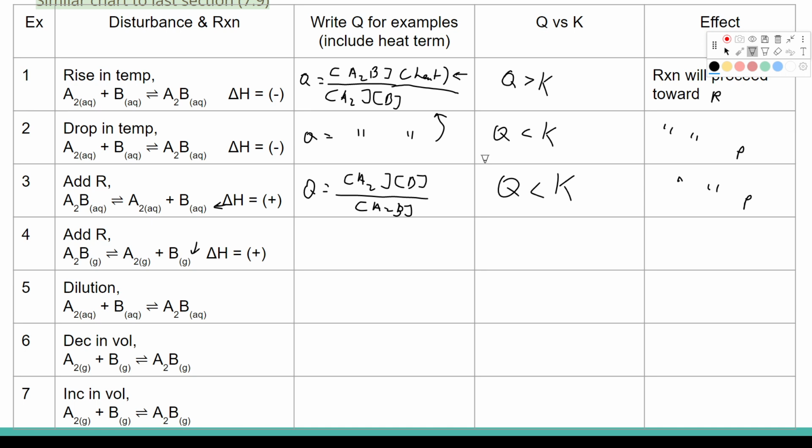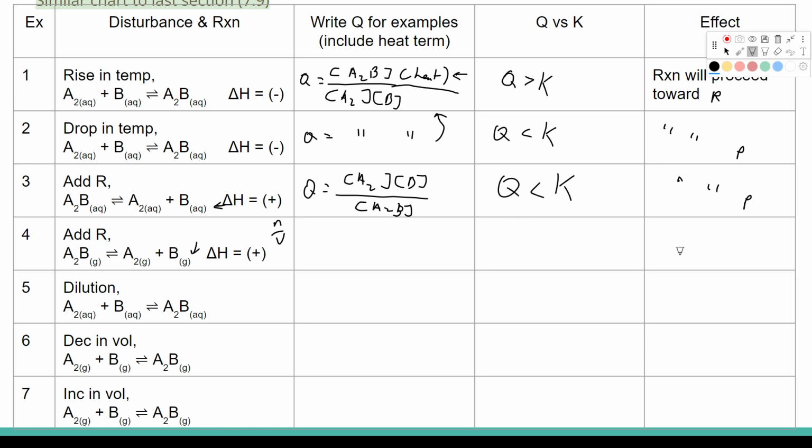For example, when you think about gases in terms of concentration, remember that concentration is n divided by V, n being moles and V being volume. When you're adding reactant, it totally depends on what's happening to the volume as well, because the ratio of moles versus volume depends.